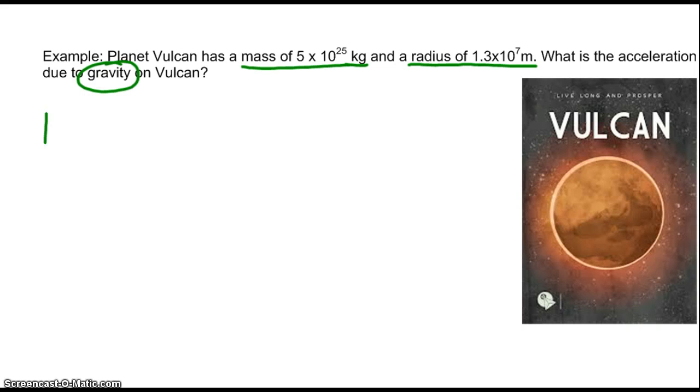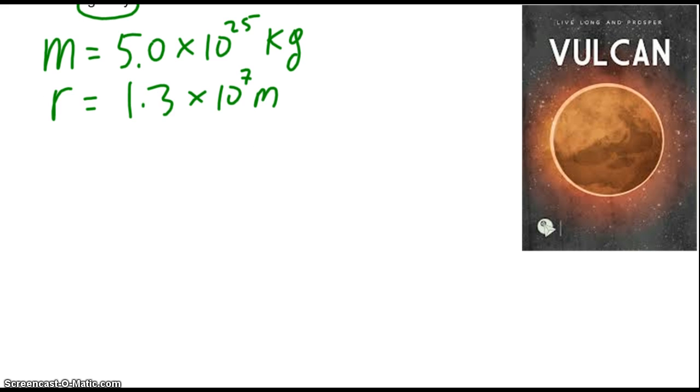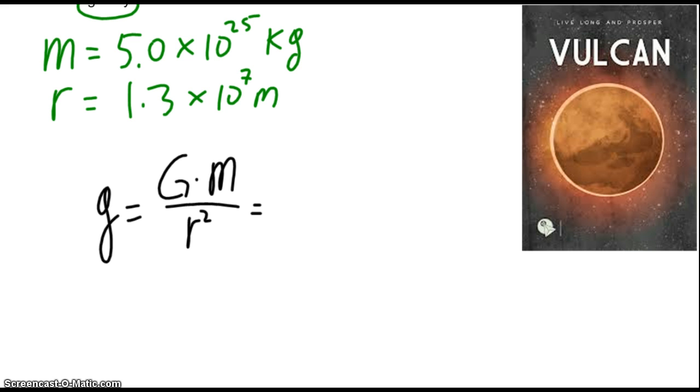So again, I'm going to label what we know. M equals 5.0 times 10 to the 25th kilograms, and R equals 1.3 times 10 to the 7th meters. And we're going to go ahead and write down our equation. So I'll write that in black ink. g equals Newton's gravitational constant times the mass of the planet divided by r squared. And I'm going to go ahead and plug in my values.